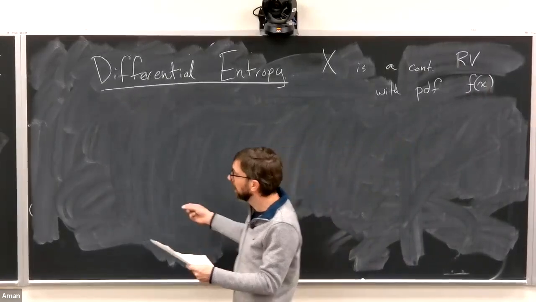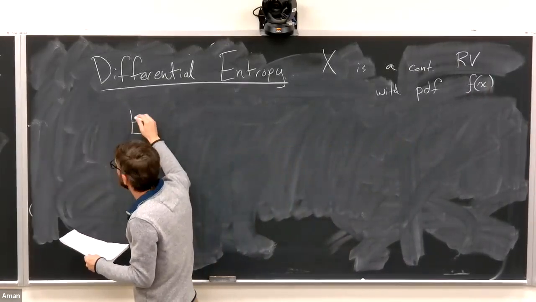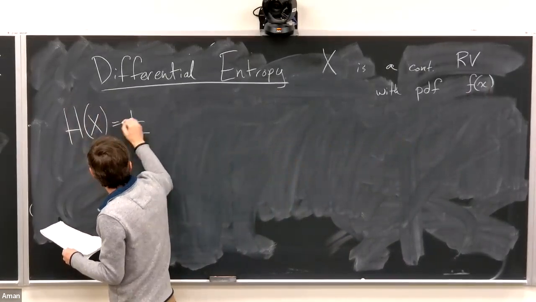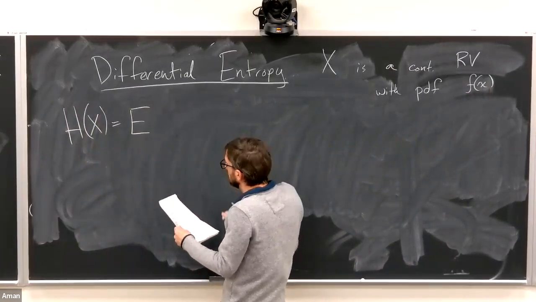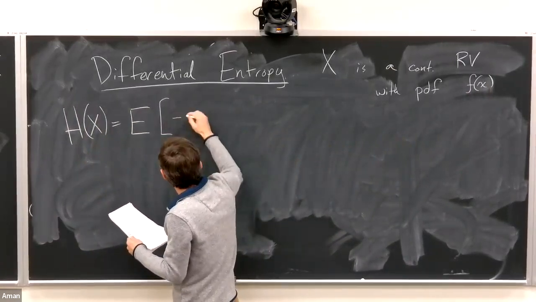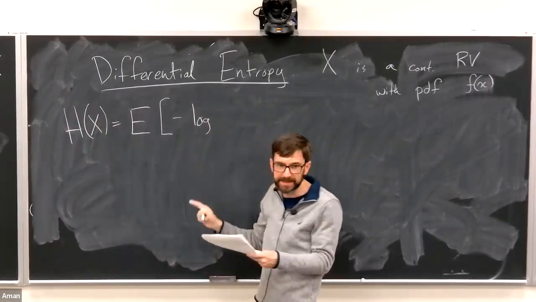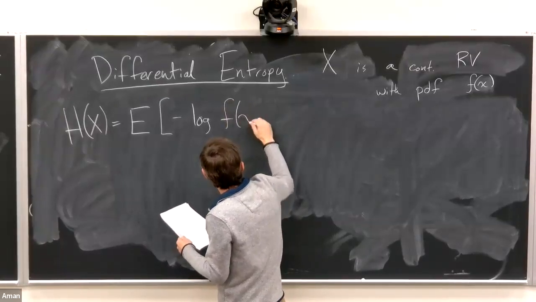It's still going to look very similar. The differential entropy h of x is still going to be an expected value of negative log, now almost always base e, the natural log, of the density function.